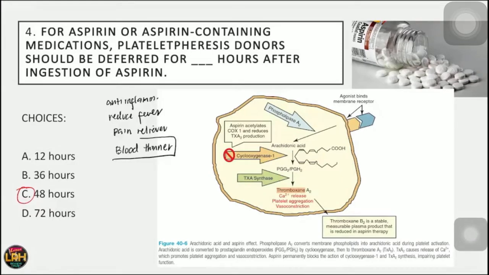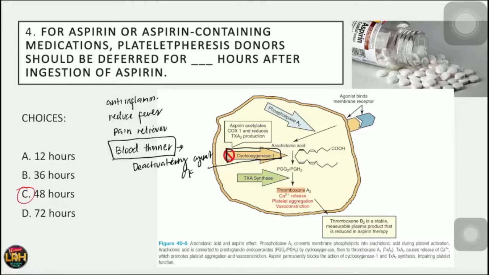So we focus on this part since aspirin as a blood thinner affects mainly our platelets. So bakit nga ba? Aspirin is known as a deactivating agent of your cyclooxygenase.